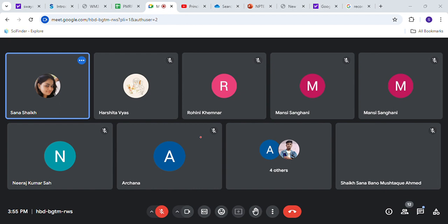Now the last question of this section is question number 11. A chemist carried out a Fischer esterification using methanol that was isotopically labeled with 18O, indicated with an asterisk, this star mark. Identify the product after the reaction.